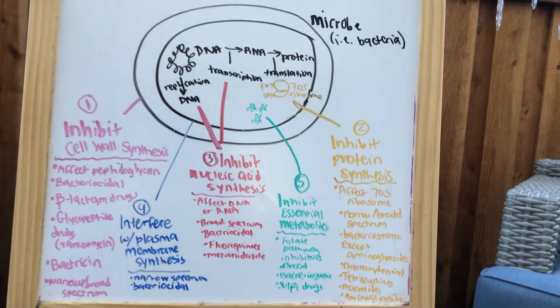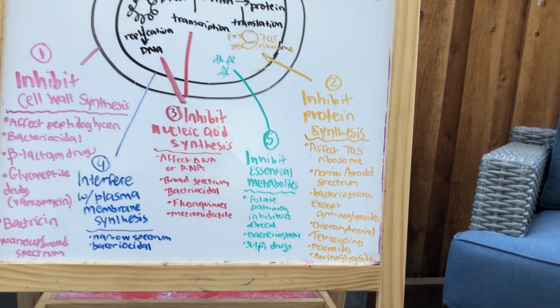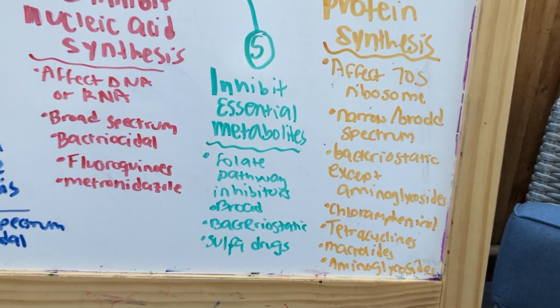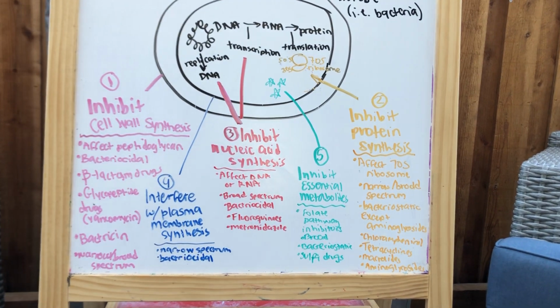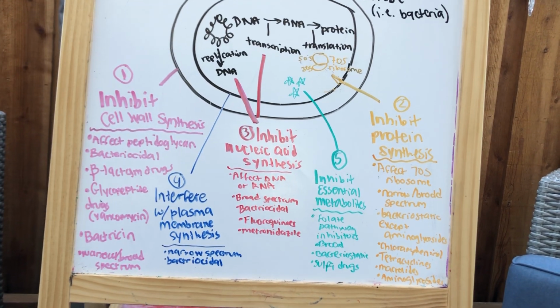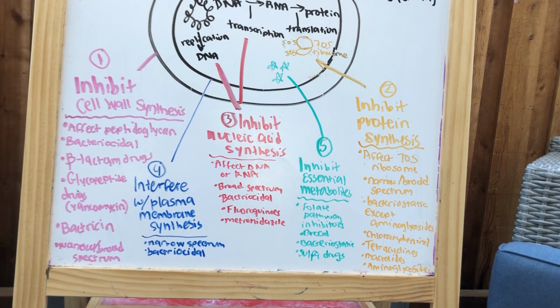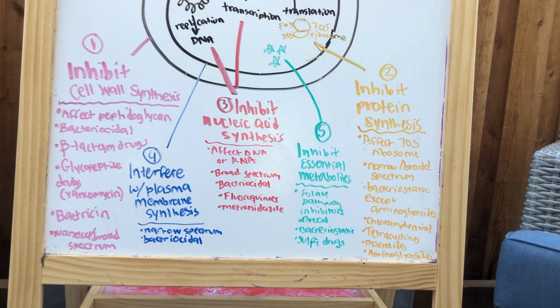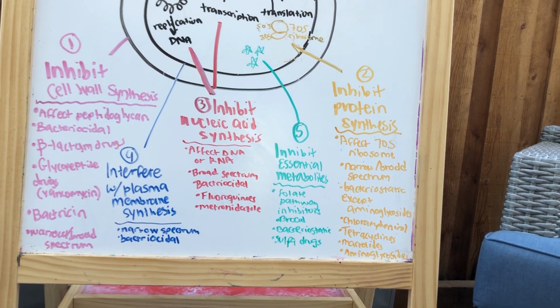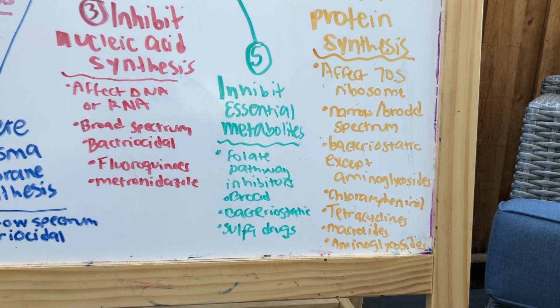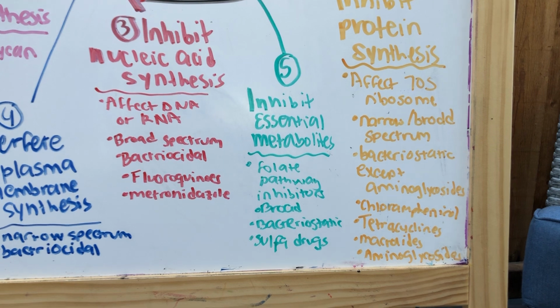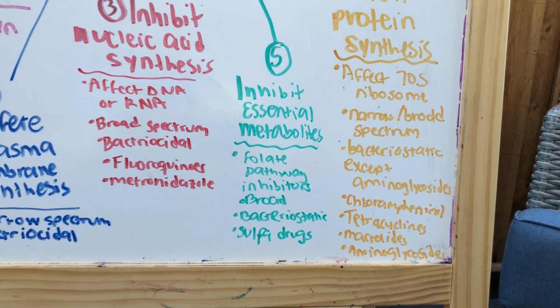Finally, the last class of antimicrobial drug targets are drugs that inhibit different metabolic processes. In the lecture, I talk about the folate pathway, but know that there are many different metabolic pathways, and research is looking into different metabolic pathways that we can target in bacteria. An example of an essential metabolic pathway that these drugs can target is the folate pathway.